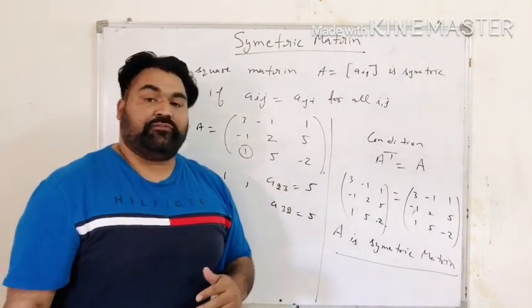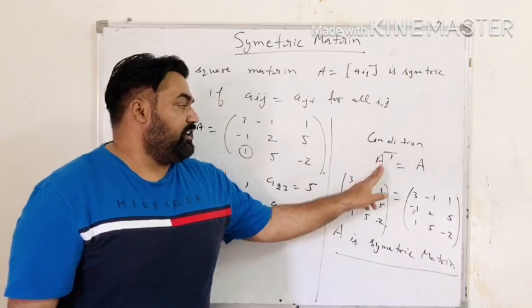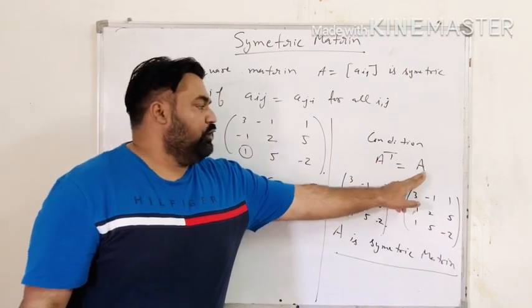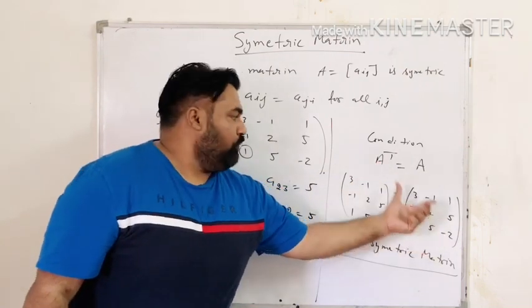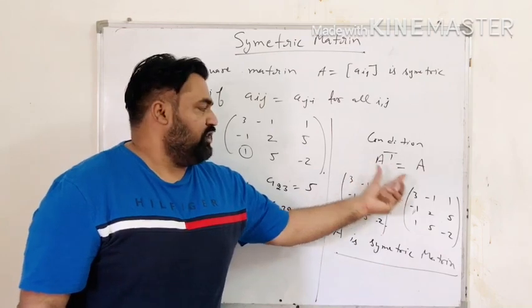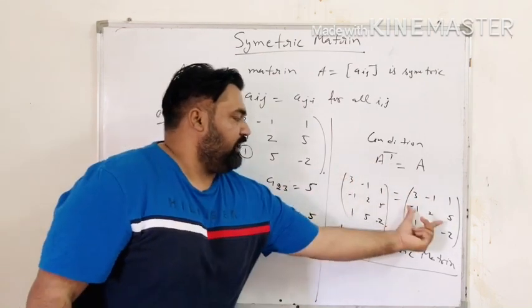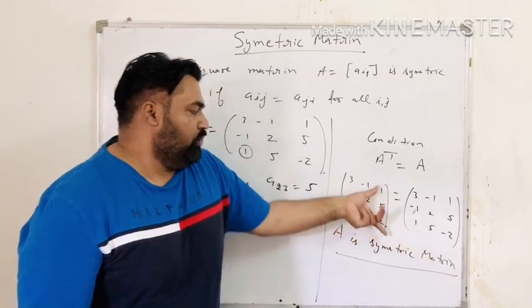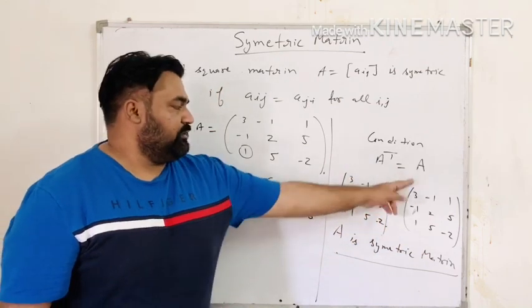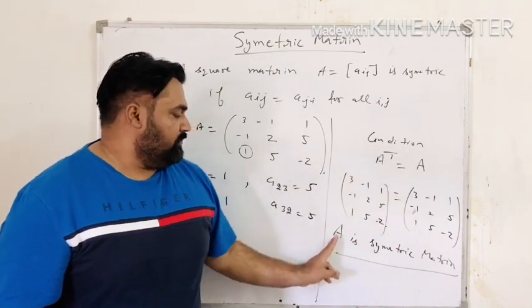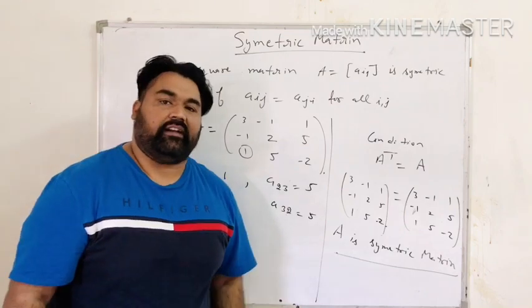And the basic condition for the symmetric matrix is A transpose equals A. The value of A is given, and now we find the A transpose. Transpose is changing of row into column, second row into second column, third row into third column. So A transpose equals A. This means A is a symmetric matrix.